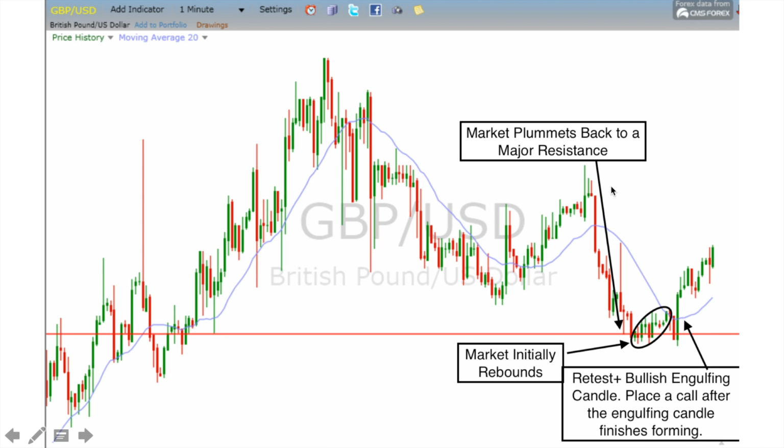Last night I saw that on the 1-minute charts on GBP here, the market absolutely plummeted back to a major resistance zone. And this line, I don't know if you can tell, this is an orange line. On my charts, if I put it in an orange line, that means this is a daily high, right? Meaning this is a daily support and resistance, meaning this is an extremely important value. So the market came all the way down to this value.